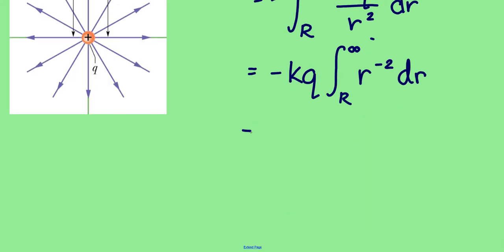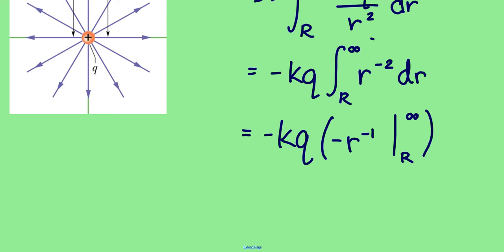And when I take that integral, I get negative KQ times negative 1 times R to the negative 1 power, evaluated between capital R and infinity. So this negative in front of the KQ and the negative in front of the R cancel out.